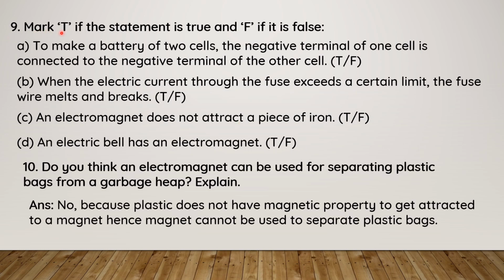Ninth one, mark T if the statement is true and F if it is false. To make a battery of two cells, the negative terminal of one cell is connected to the negative terminal of the other cell. So what is the answer, true or false?